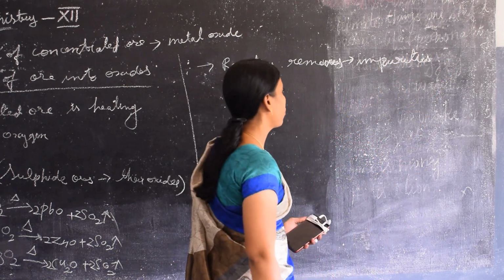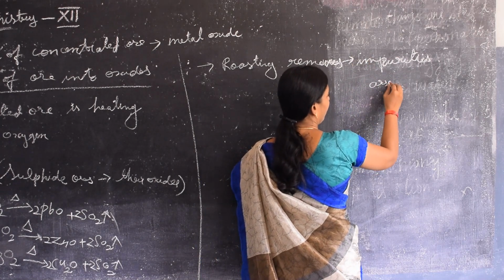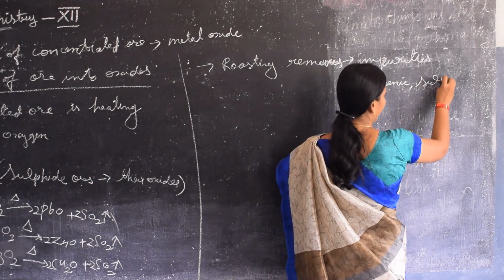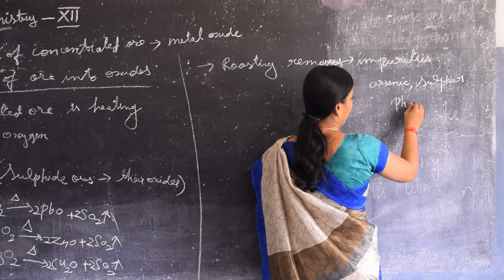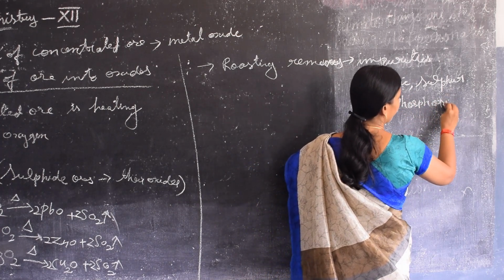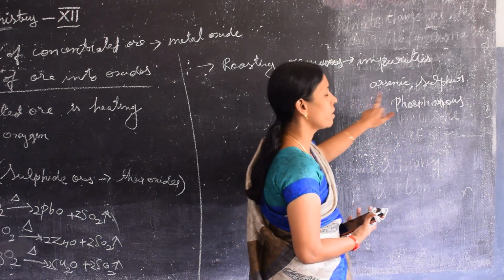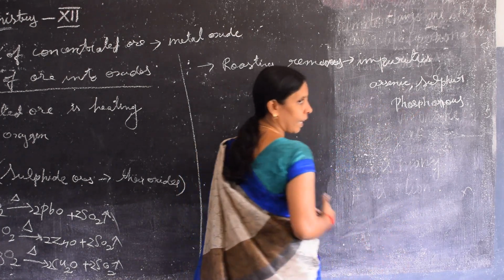What are the impurities? Arsenic, sulfur and phosphorus. Okay, arsenic, sulfur and phosphorus. They are also expelled as gases.